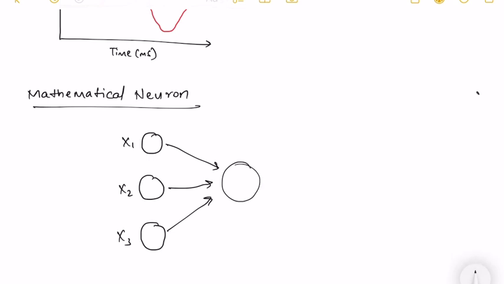Okay, and the neuron, given these inputs, gives us an output y, right? So this is the input, this is the output.